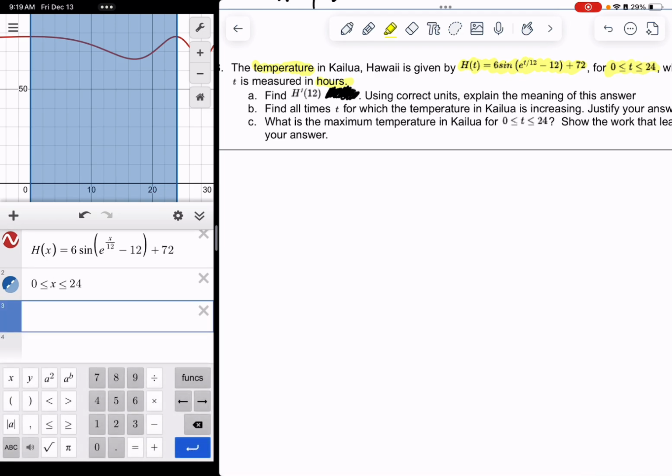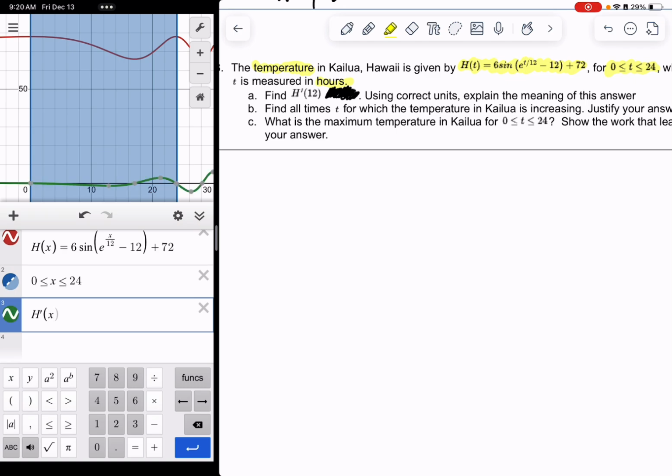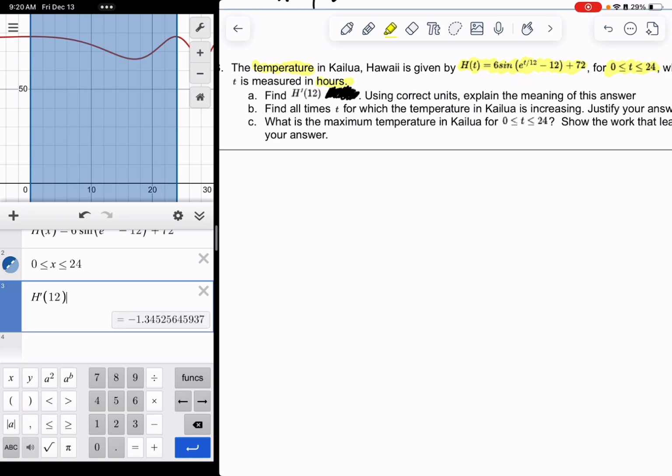Now, because we just have this as h of x, it will allow us to do h apostrophe of whatever. We could say h prime of x, or we could say h prime of a certain number. And in this case, we're going to do 12. All right, so we have some information here.